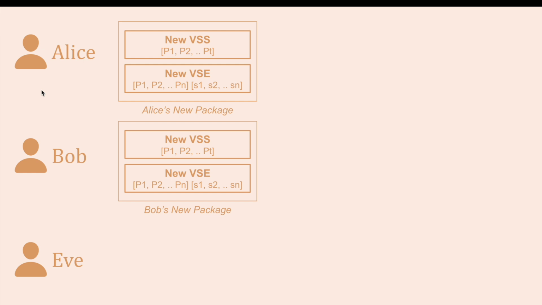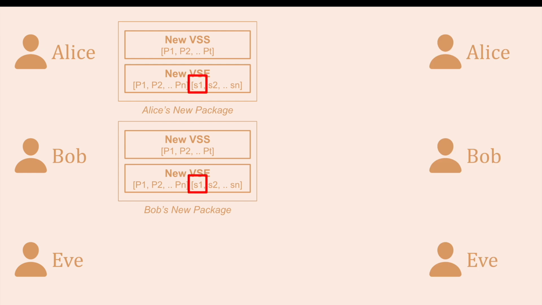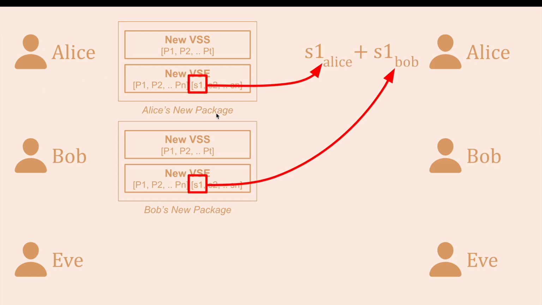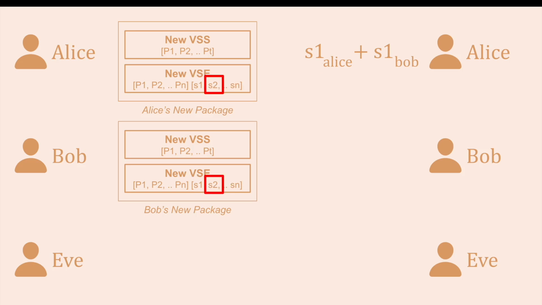Same goes for Bob. Bob creates his own contribution. And so to create a new secret share, we redistribute the shares. S1 from Alice, her own contribution, and S1 from Bob's, when decrypted and added together, give Alice her new partial secret share of the group key.